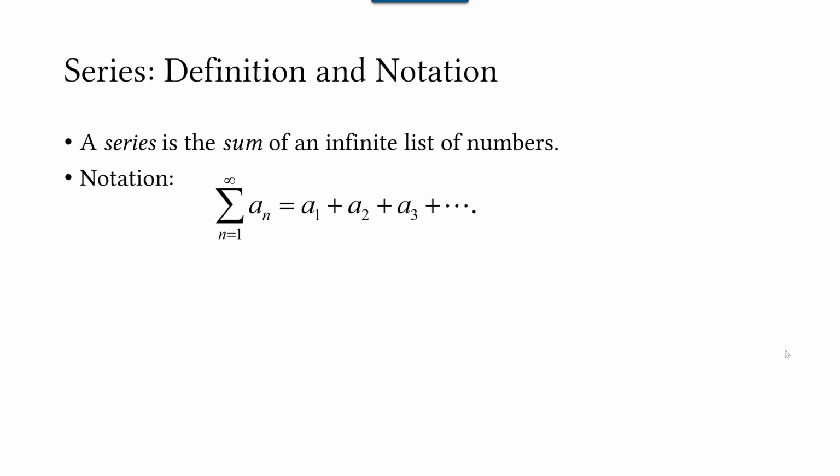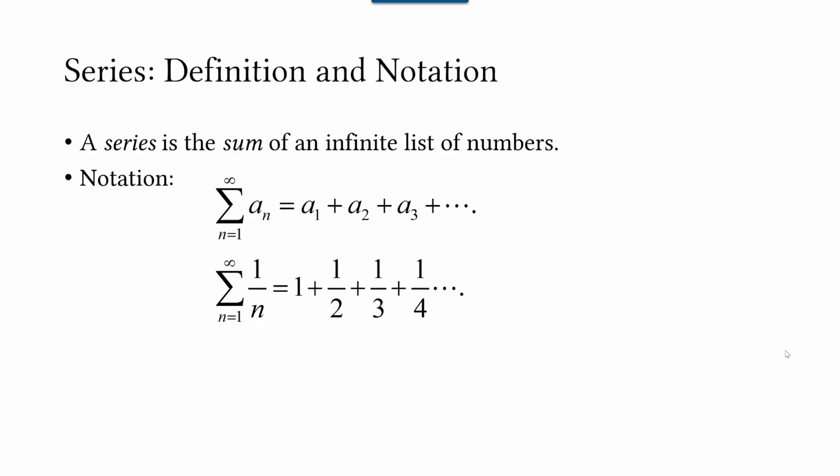And then beneath the sigma, we give the starting point of the series. In this case, and in many cases, n will just equal 1. And we continue adding terms out to infinity. So we have infinity as the upper limit there. And what that indicates is that we're going to add term a1 plus a2 plus a3, and we will continue that process indefinitely.